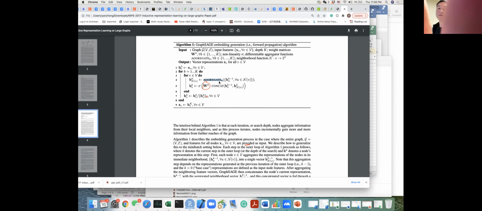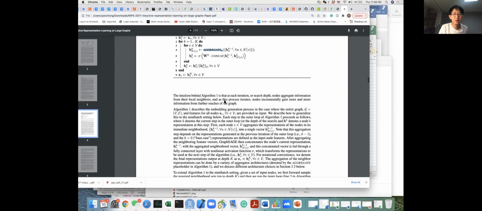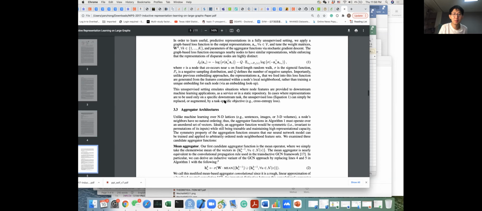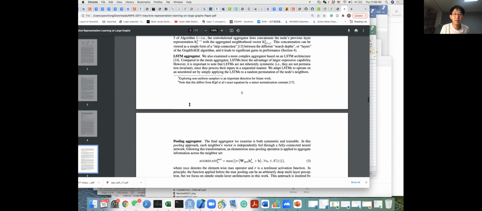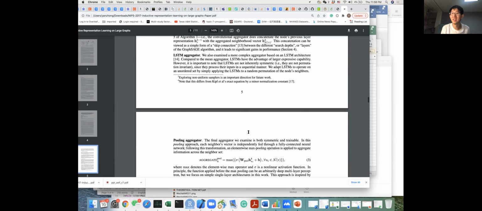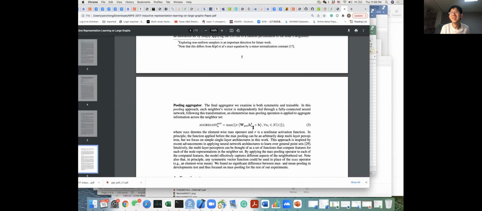Maybe you can use something like max pooling to get the features. For example, the mean aggregator is what I said: he puts the same weight on all the neighborhood he sampled, and here is max pooling, which just does what you say.